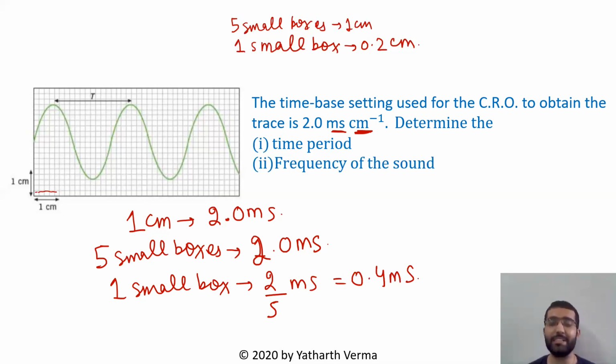Now what is given to us? We have to find the time period. So to determine the time period, what do we do? We take the distance between consecutive crests or consecutive troughs, and then we find the time period using the scale on the time base setting, using the scale on the trace, right? We know one small box represents 0.4 milliseconds.